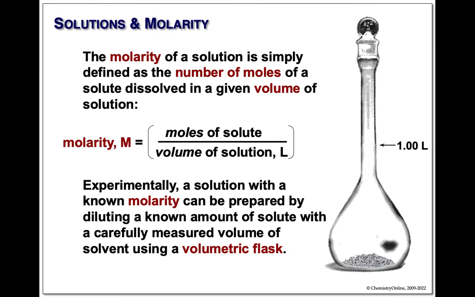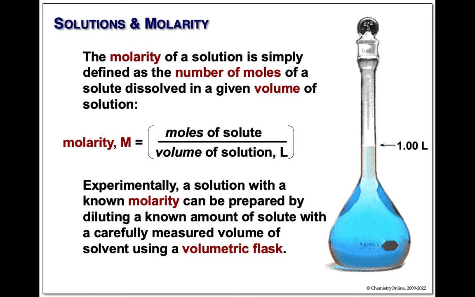Next, we add water until we hit the 1 liter mark. We now know how many moles we put in, and we know our volume in liters. Simple concept, isn't it? But this will allow us to do calculations of solutions of ions.